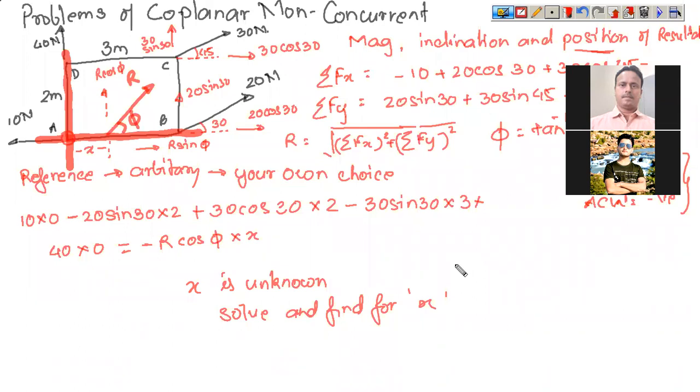Or if at the time of selection you said that values to the left of B will be taken as positive, then your value will come out to be 1.8, because the location of the resultant will not alter itself irrespective of whatever position you choose. Okay, so you go through it.